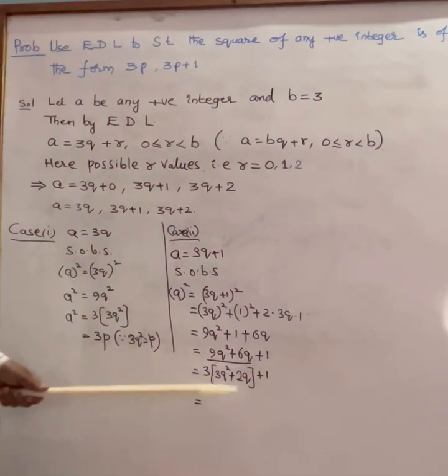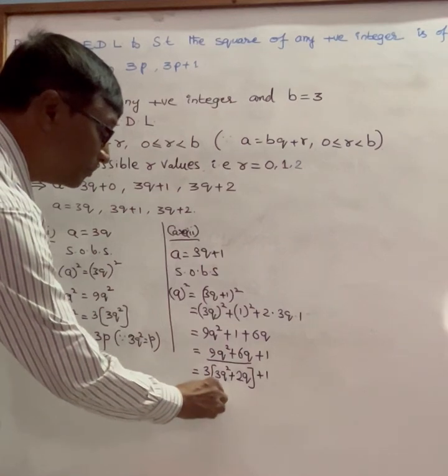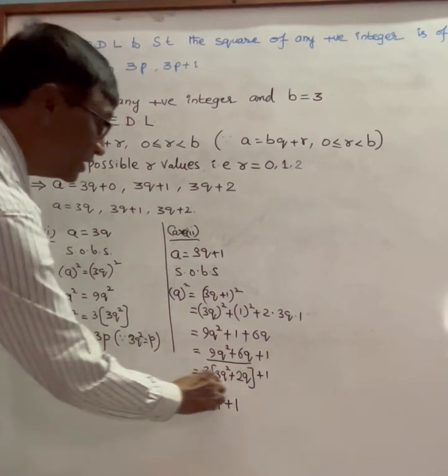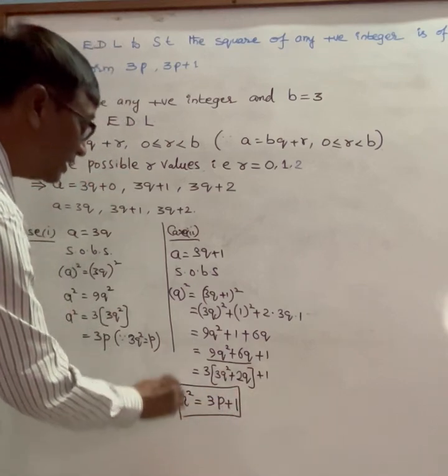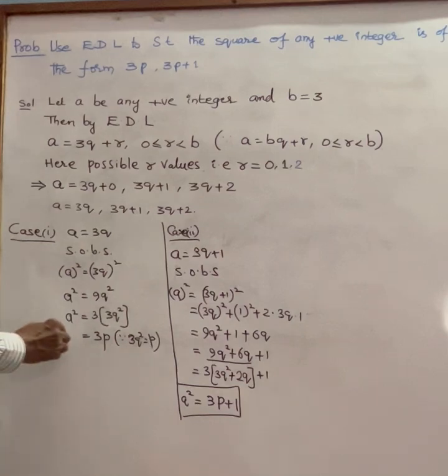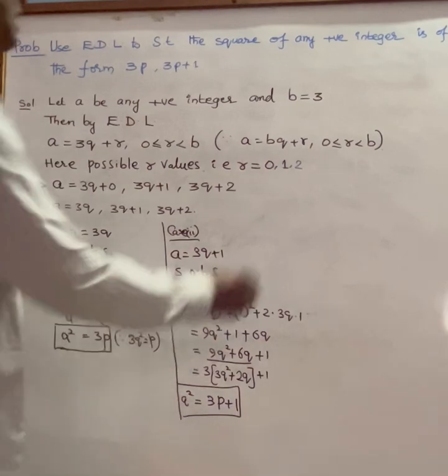Consider this integer as p. Therefore, the square of the integer now we got as 3p plus 1. In the previous case, the square of an integer is of the form 3p. Now consider the third case, case 3.